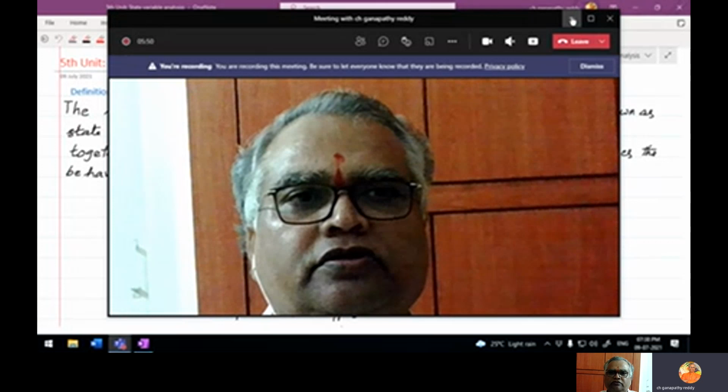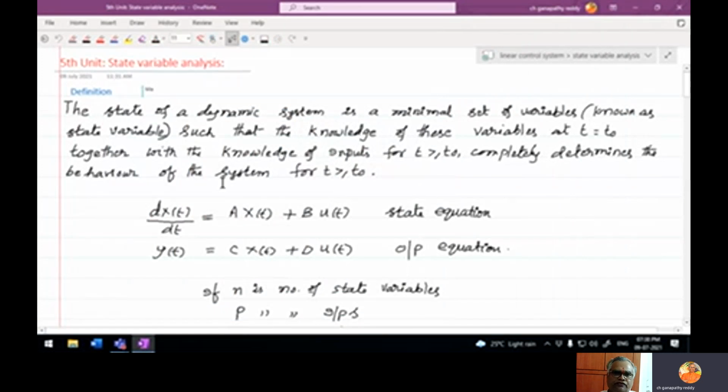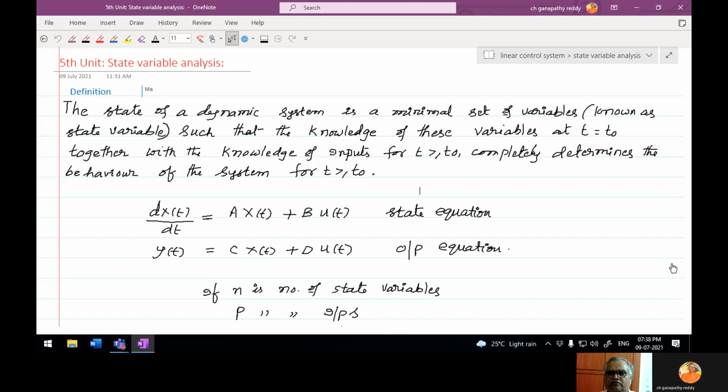So let us go through the definition of state variable first. State means not Telangana state. State means present situation, present position.